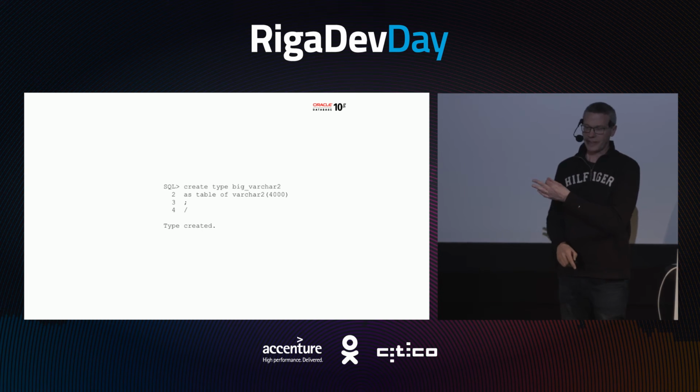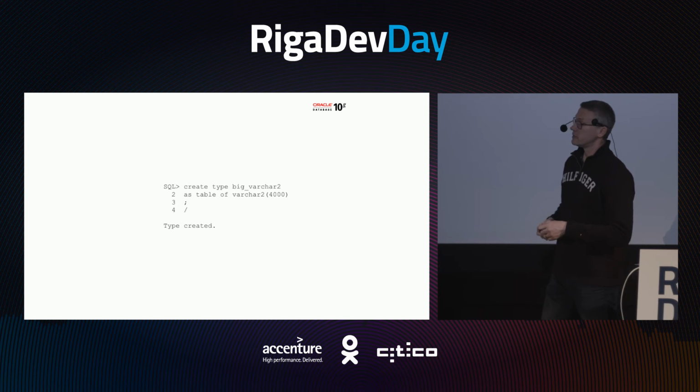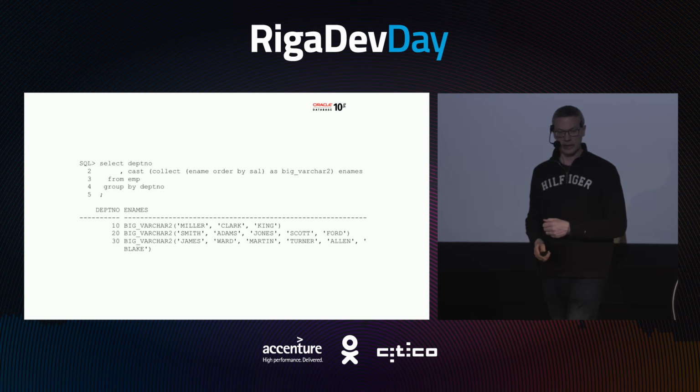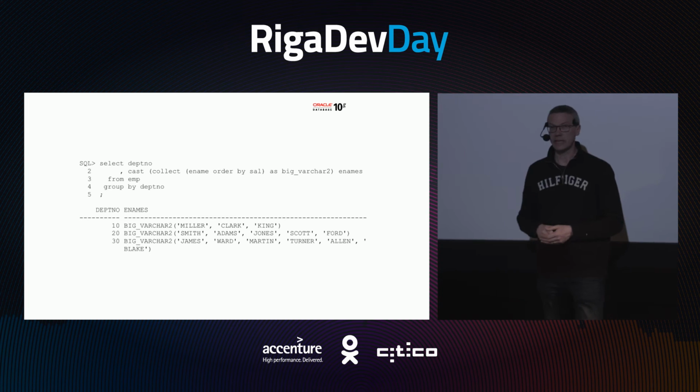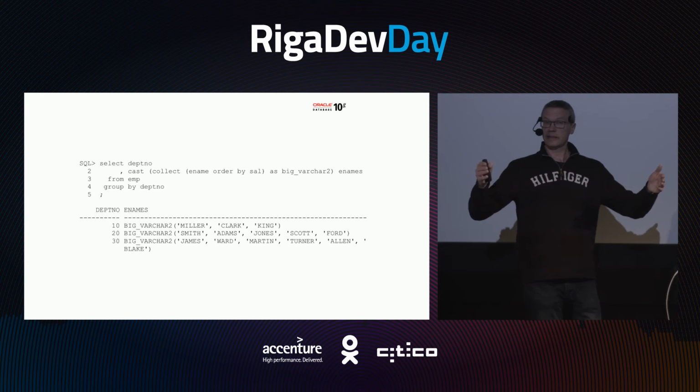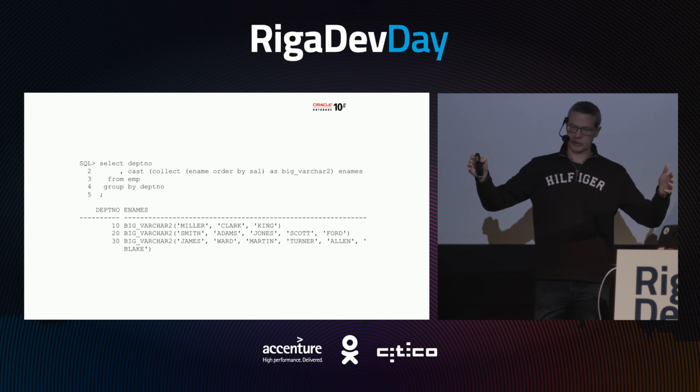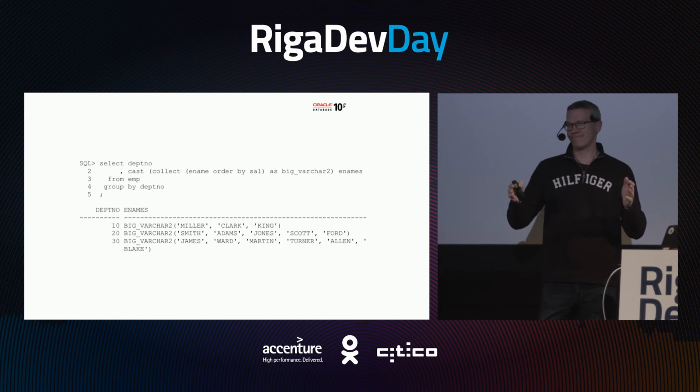Oracle 10 also had another way of doing it. You could create your own nested table type and use a CAST and COLLECT to do that. It might look like a string together, but it's still a nested table.